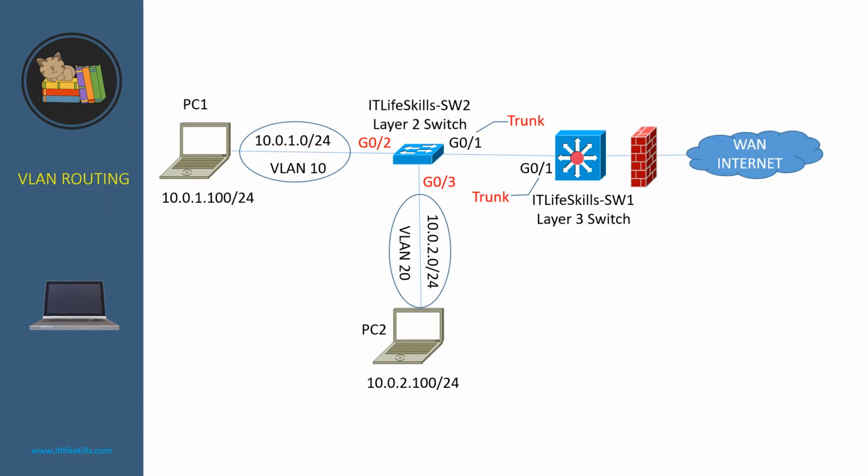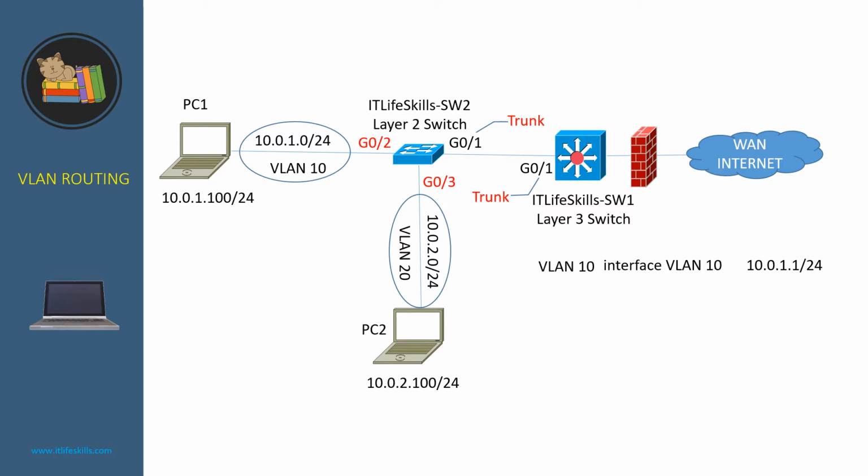In this network, we have already configured the trunk ports on the layer 2 and layer 3 switches. Now we need to configure VLAN 10 and the switch virtual interface for VLAN 10, and then we assign the IP address for the switch virtual interface for VLAN 10 on the layer 3 switch.